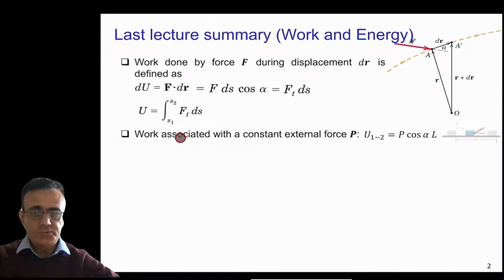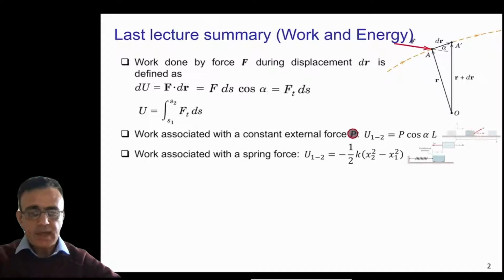When you want to calculate the work associated with a constant external force P, which is U12, the work done from 1 to 2 when the body is moving from position 1 to position 2, you will calculate it equal to P cos alpha L. So P cos alpha is just the tangential force, or the force in the direction of the displacement, and you will then multiply this with the displacement of the body when it moved from this position to this position here, which is L. So P cos alpha L is the work done by this force P here.